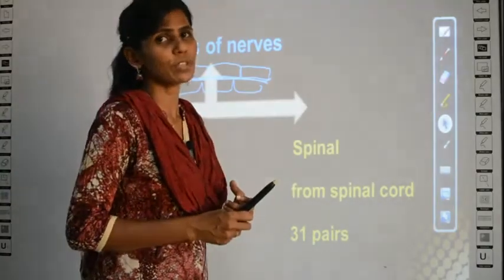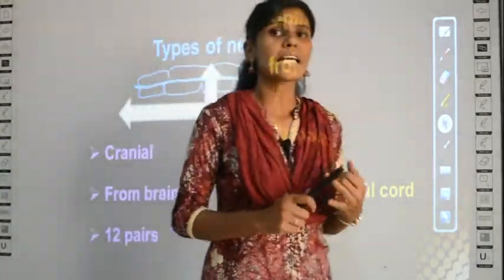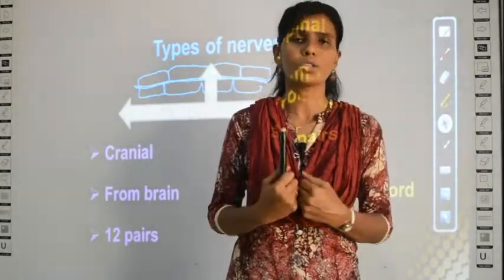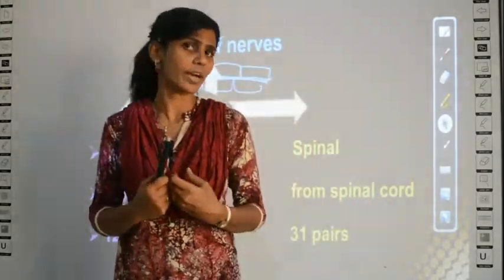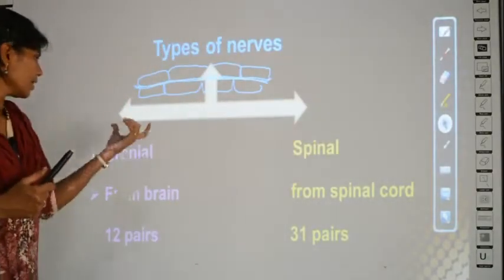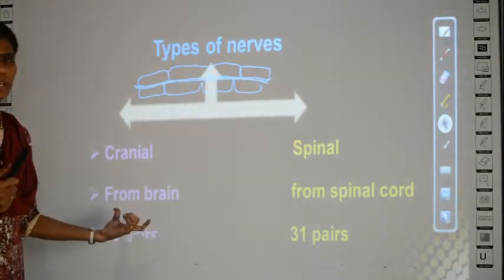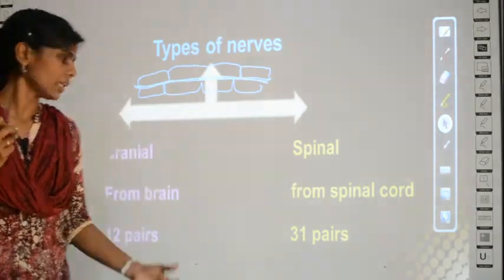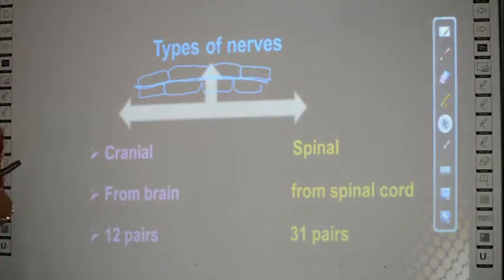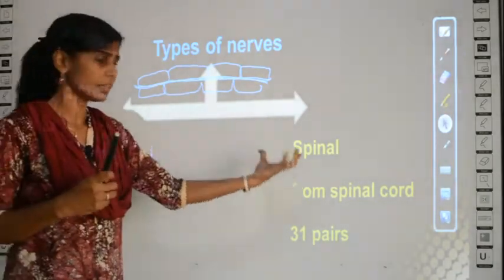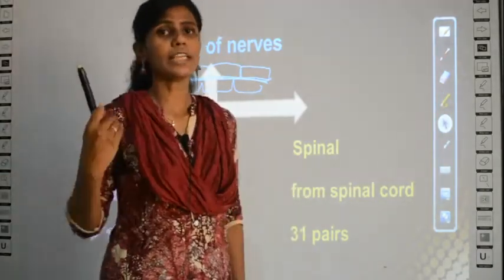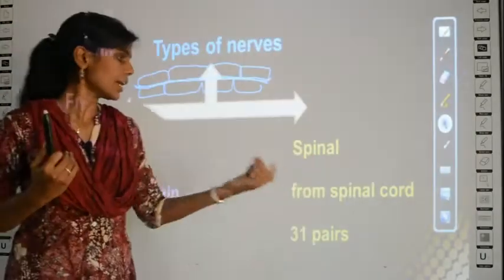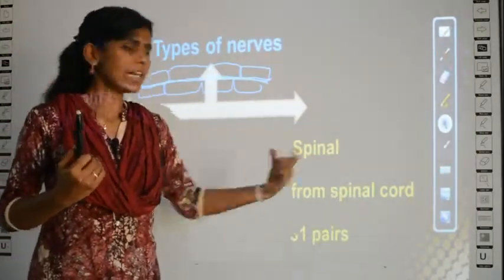So what are the two types of nerves? Cranial nerves and spinal nerves, based on where they originate or arise. If a nerve starts from the brain, it is called a cranial nerve, and all those nerves which start from the spinal cord are called spinal nerves.